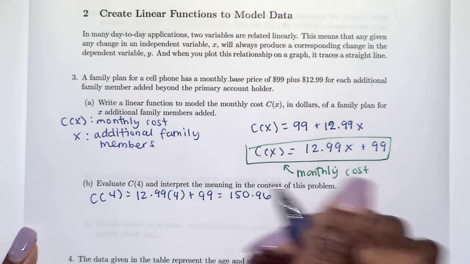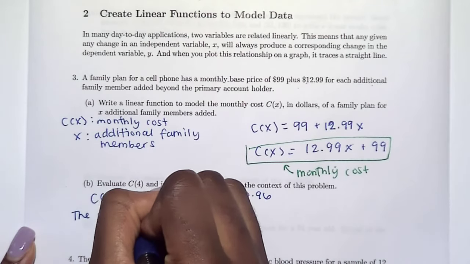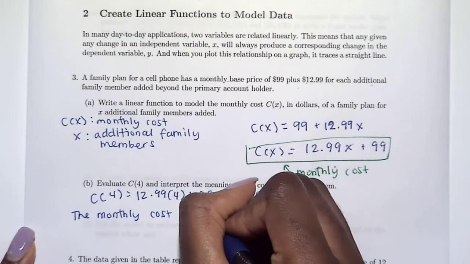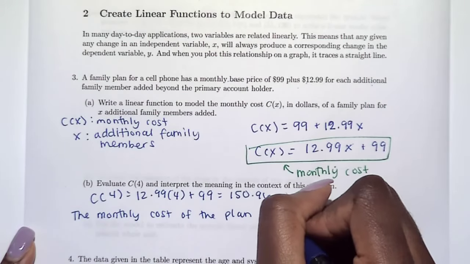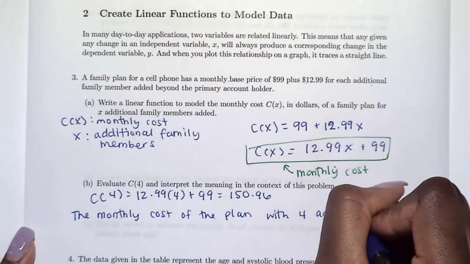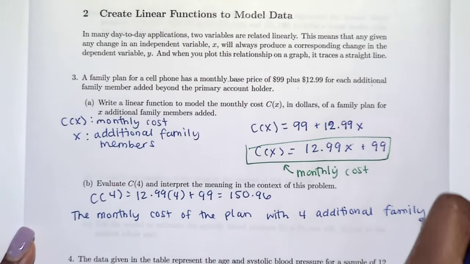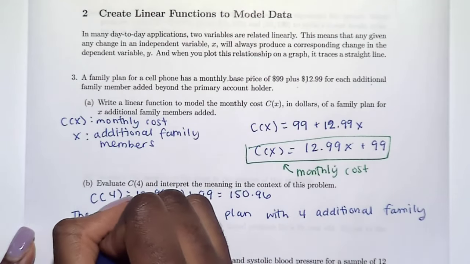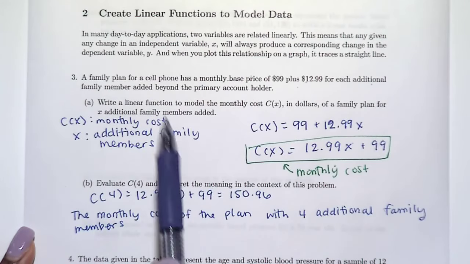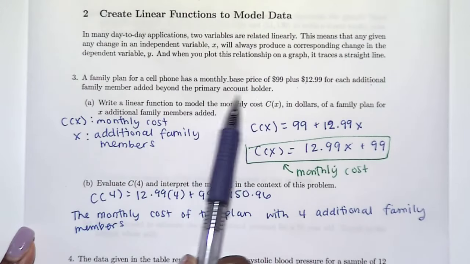Maybe we can write it in a sentence: the monthly cost of the plan with 4 additional family members. That's additional family members beyond the primary account holder.